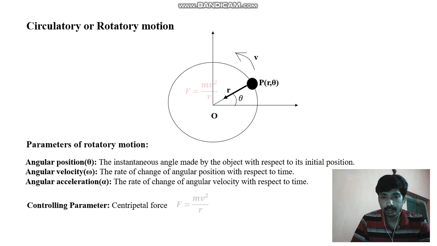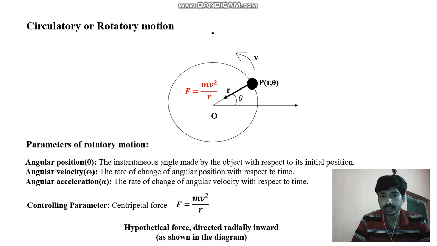We can calculate it via this formula: if m is the mass of an object, v is its linear velocity, and r is the radius of the circular path, then the centripetal force is given by mv squared by r. Now in the case of linear motion, the forces that we deal with are real forces, but here this centripetal force is a hypothetical force. Hypothetical force means imaginary force, and it is always directed radially inward, as shown by the arrow in the diagram here.